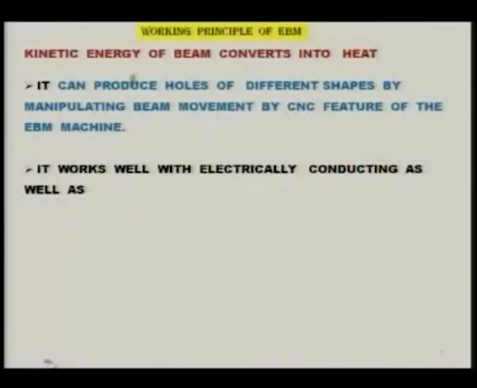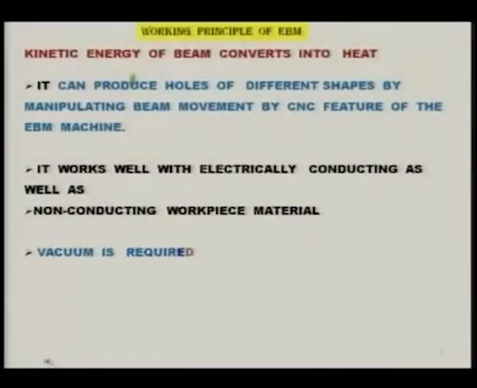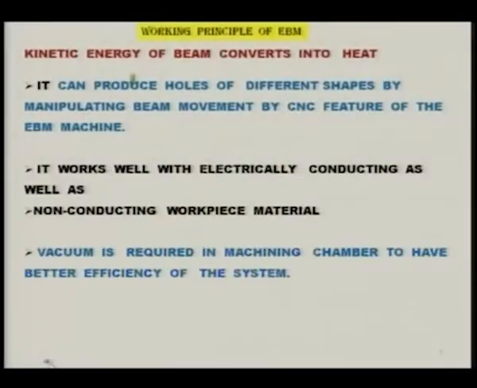It works well with electrically conducting as well as electrically non-conducting materials. As we have already seen, electric discharge machining and electrochemical machining are processes always used for electrically conducting materials, but this particular process can be used for both electrically conducting as well as electrically non-conducting materials.